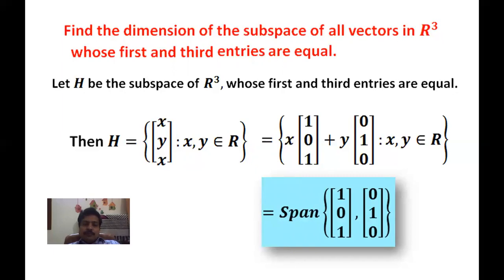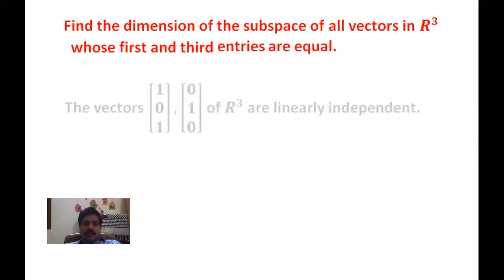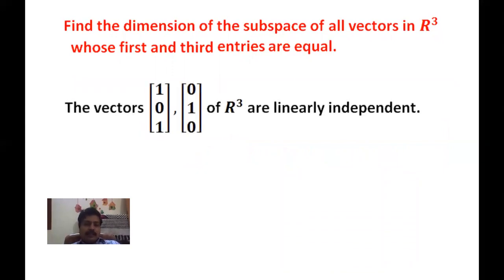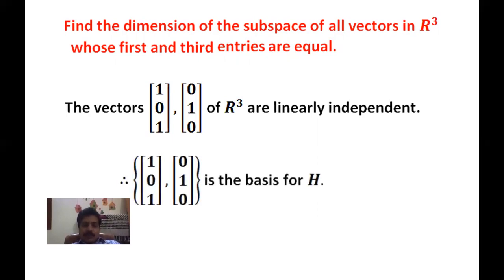So these two vectors can span H. Here we can clearly observe that these two are linearly independent, since one is not a multiple of the other. So these two vectors can span H and they are linearly independent, so they form a basis for H. So the set of 1, 0, 1 and 0, 1, 0 is a basis for H.